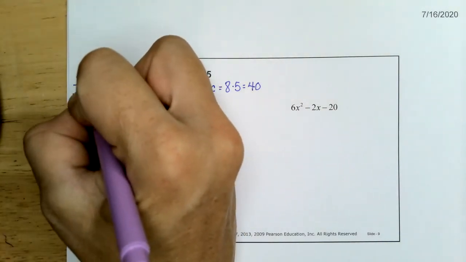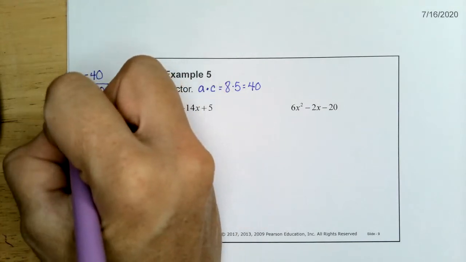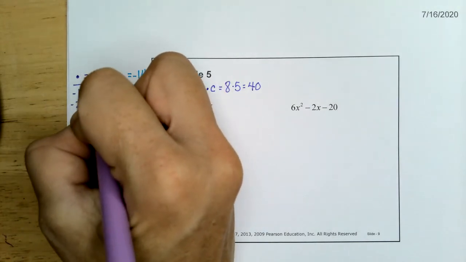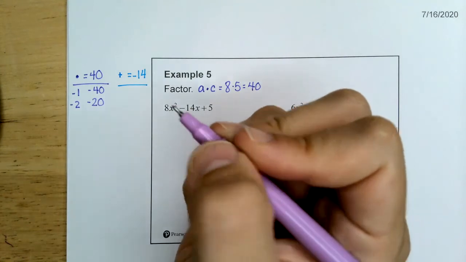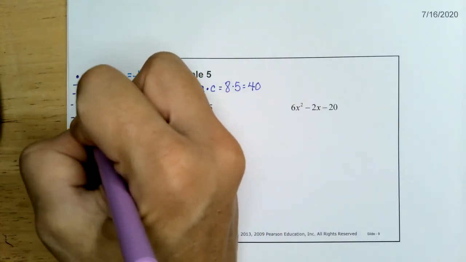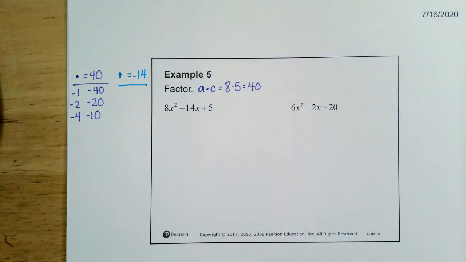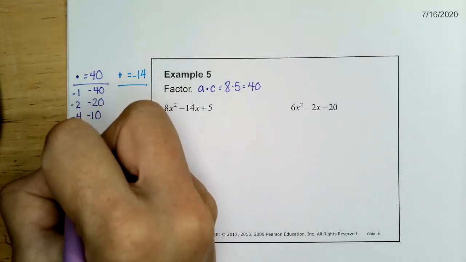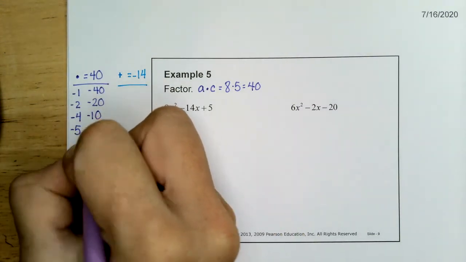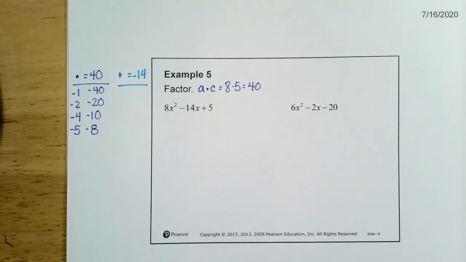Negative 1, negative 40, negative 2, negative 20. What else? Negative 4, negative 10. Negative 5, negative 8. Yep. All right.